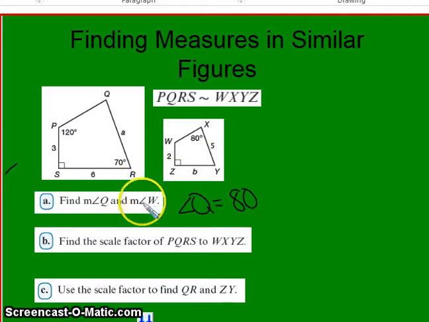We also need to find the measure of angle W. We know that angle W is congruent to angle P, and in this larger picture, they tell us angle P is 120 degrees. That means angle W is 120 degrees.